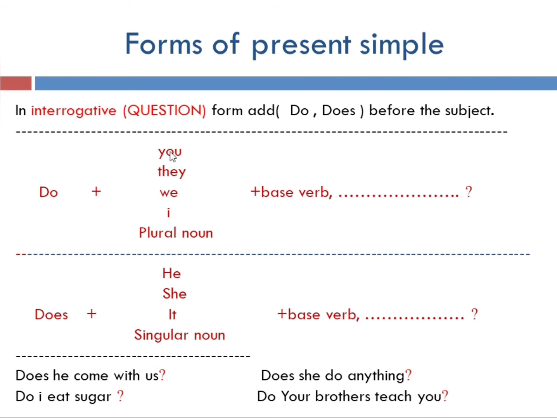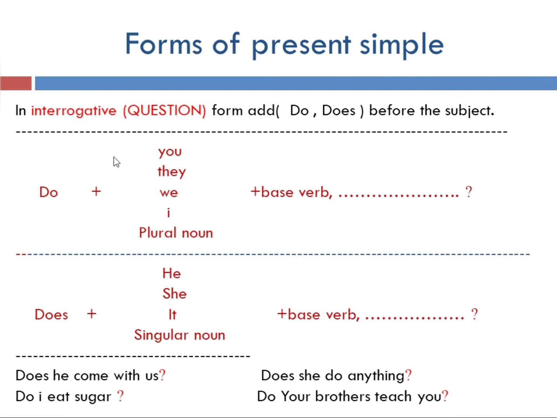In negative form, we will say you do not. So just swap the places of you and don't, and change don't to do, like this one. Do you. Then you add your verb, the base verb. For example, do you work?